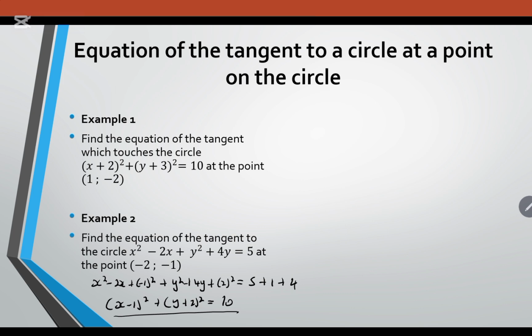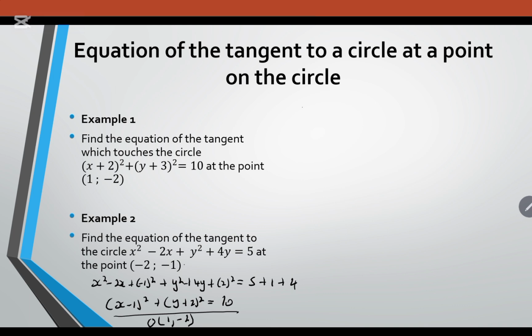So this is the equation of the circle in this format. Now we know the coordinates of the center point are 1 and -2. So we need to find the gradient of the radius, from the center to the point of contact, which is -2 and -1.